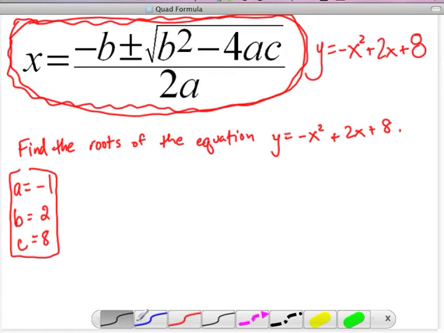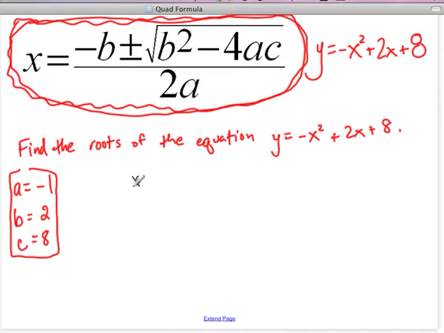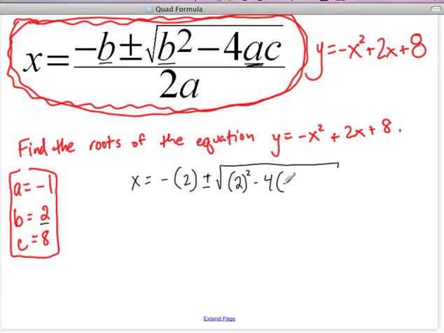So here we go. X equals -b. Instead of writing b, I'm going to write 2. Plus or minus the square root of b squared, which would be 2 squared, minus 4 times a, a is -1, times c, which is 8.